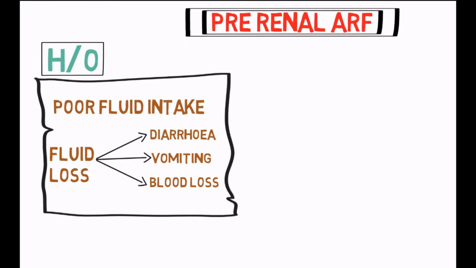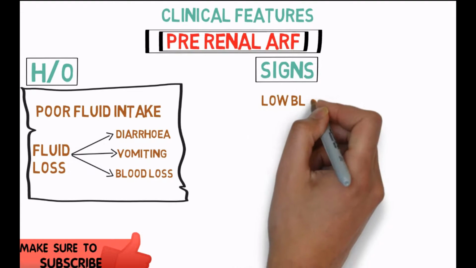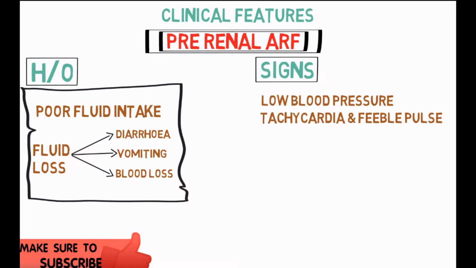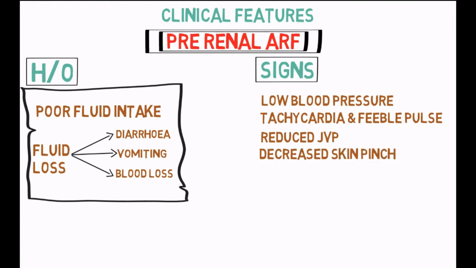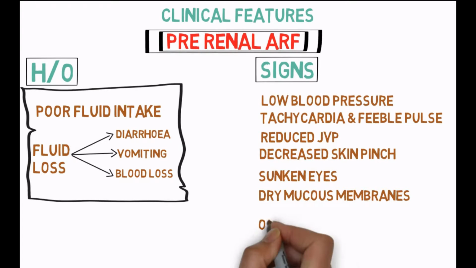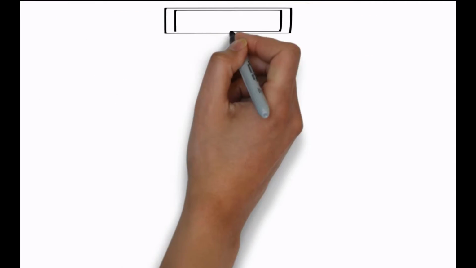Most of the signs associated with pre-renal ARF are consistent with the findings of a dehydrated patient, like low blood pressure, tachycardia, feeble pulse, reduced jugular venous pressure, a decreased skin pinch, sunken eyes, dry mucous membranes. These patients may also have orthostatic hypotension. Low urine output is almost a consistent feature with pre-renal ARF.